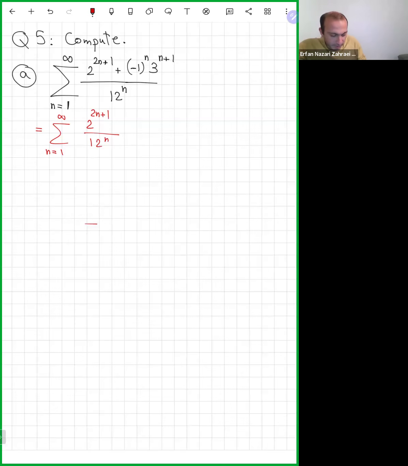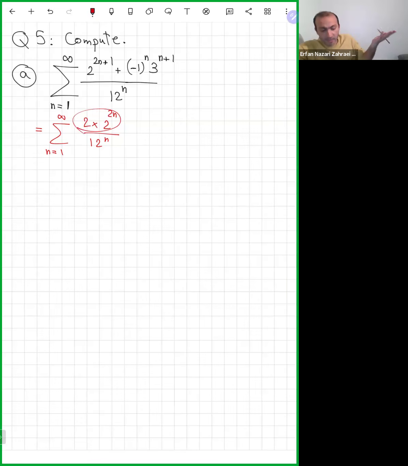But for a geometric series, I want to write it like R to the n, so I want the common ratio to the exponent n. This is good, to the exponent n, but this is to the exponent 2n plus 1. So let me write it in terms of exponent n. First, extract this extra plus 1. So it's 2 to the exponent 1, which is 2 times that.